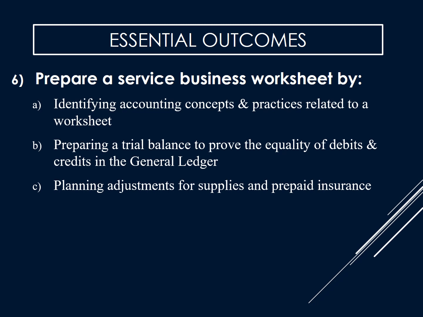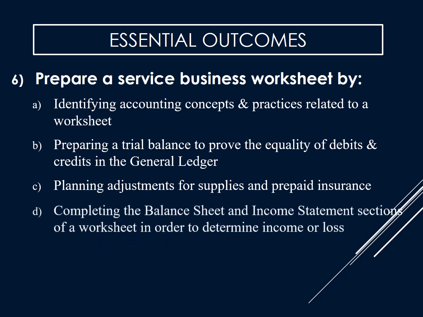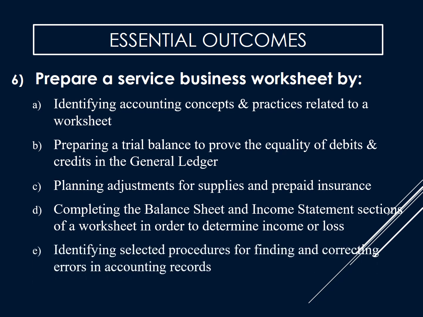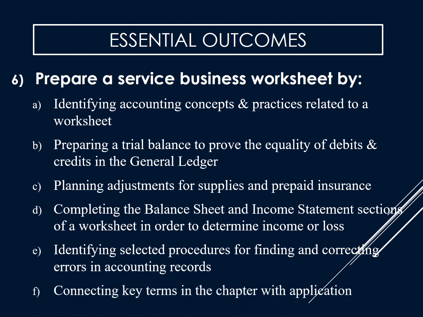Calculate and plan adjustments for supplies and prepaid insurance. Complete the balance sheet and income statement sections of a worksheet. Be able to identify procedures for finding and correcting errors in accounting records. And connect key terms in the chapter with application.